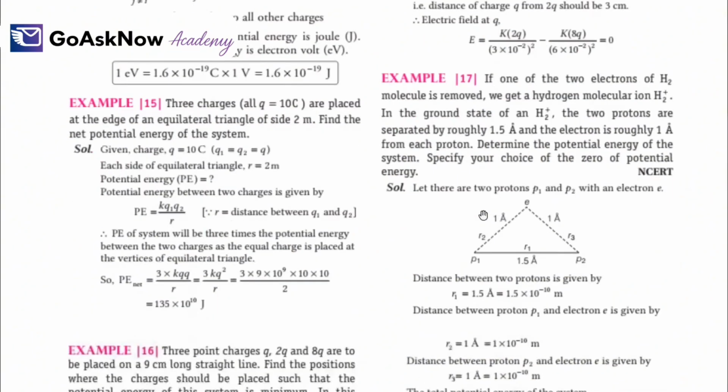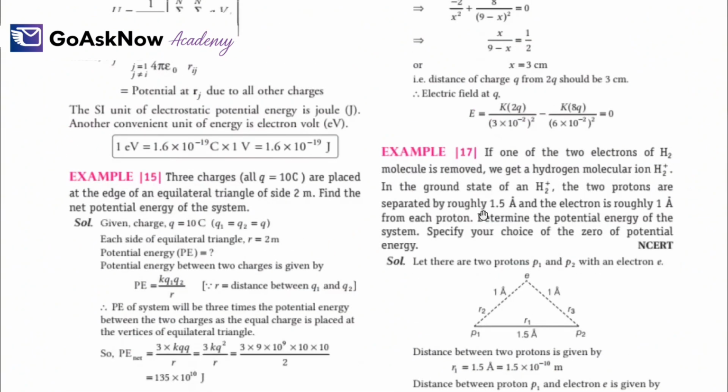So there is an example 17 also in this chapter. See what it is saying. If one of the two electrons of a hydrogen molecule is removed, we get a hydrogen molecule ion H2 plus. So this is an obvious thing, because if you remove an electron from a hydrogen molecule, then the molecule ion will be H2 plus.